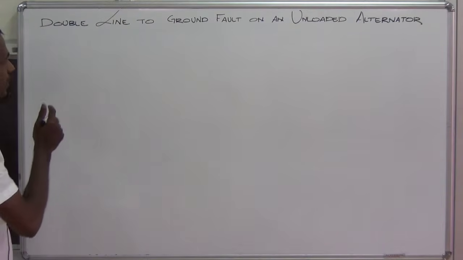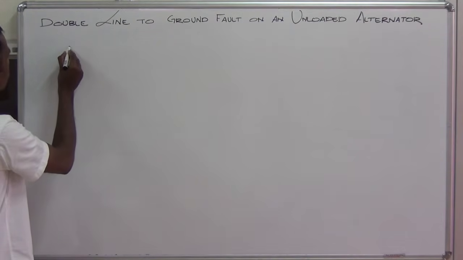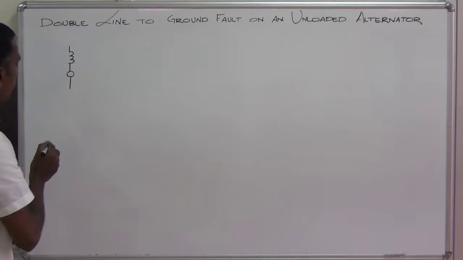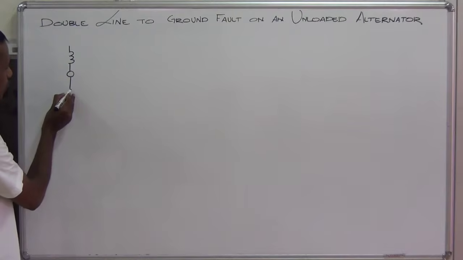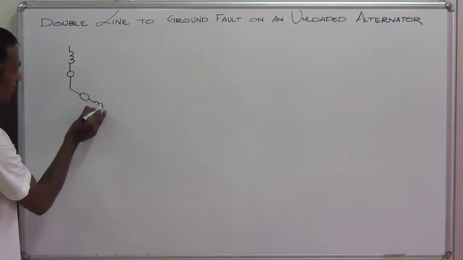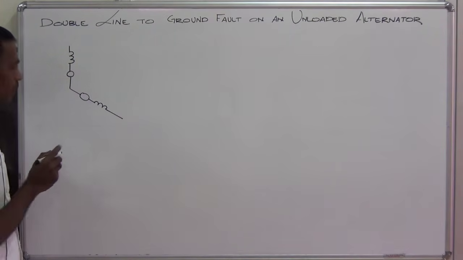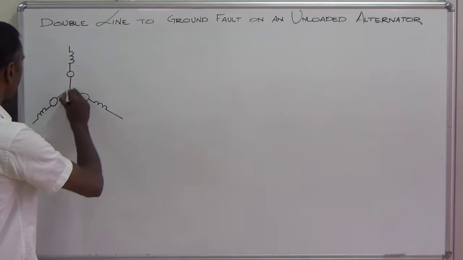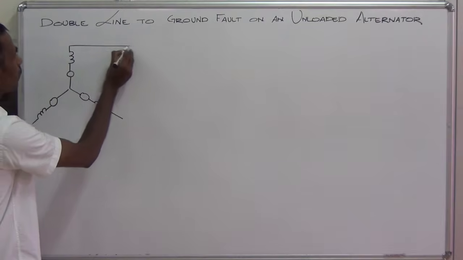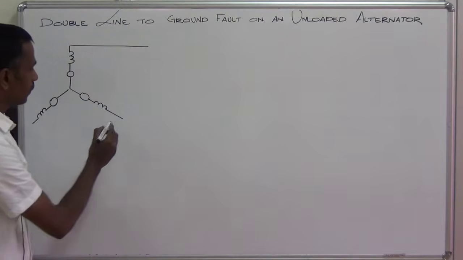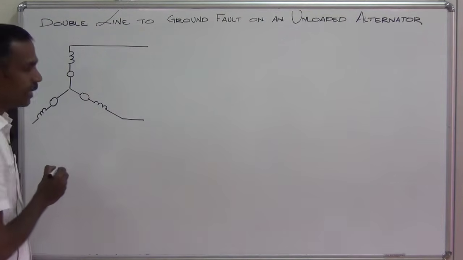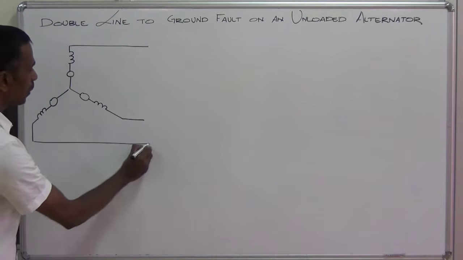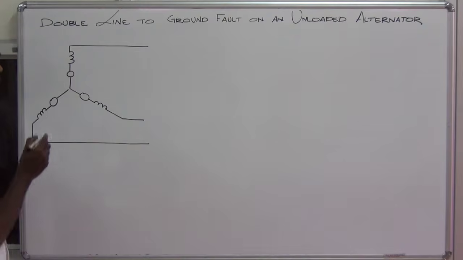Let me draw the equivalent circuit of an alternator. In the equivalent circuit, we have a voltage source in series with an impedance. This is our A phase, this is the B phase, this is our C phase.